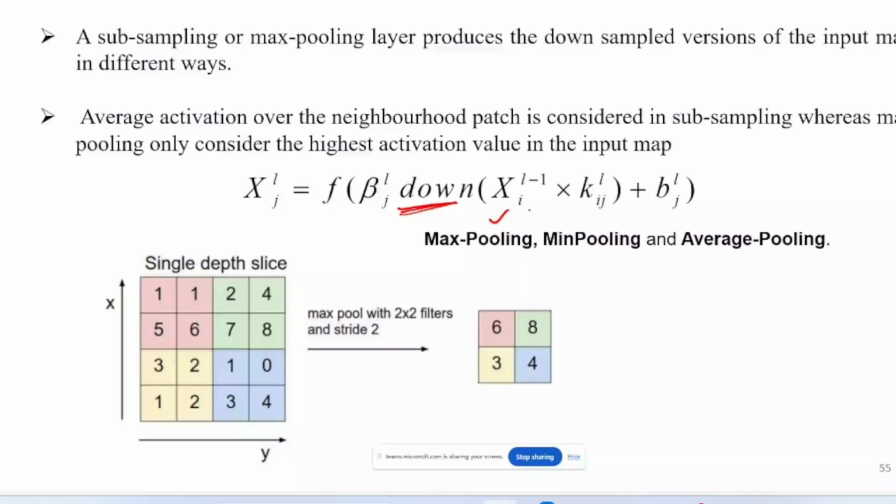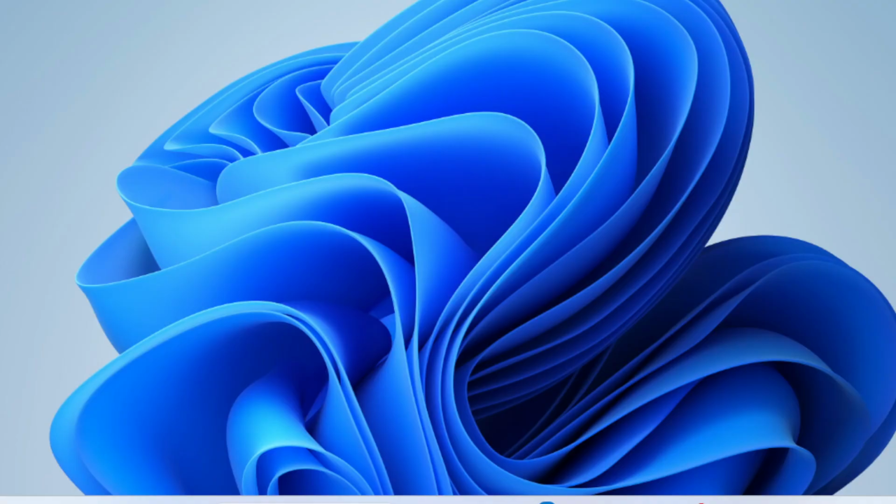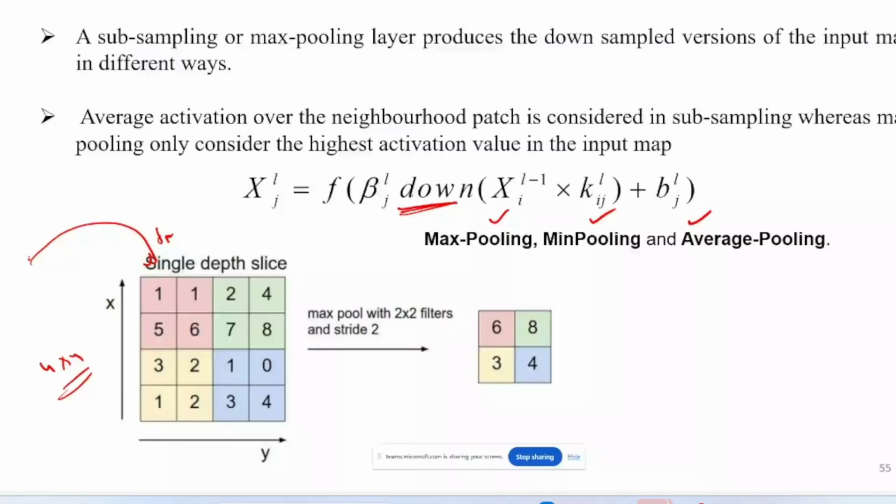So this is how your input sizes work. Here you can see 4 cross 4. Your input, after the convolution operation, is called the feature map. Here a 2 cross 2 filter and stride equal to 2 is taken to get the output size. It varies depending on your stride variable.